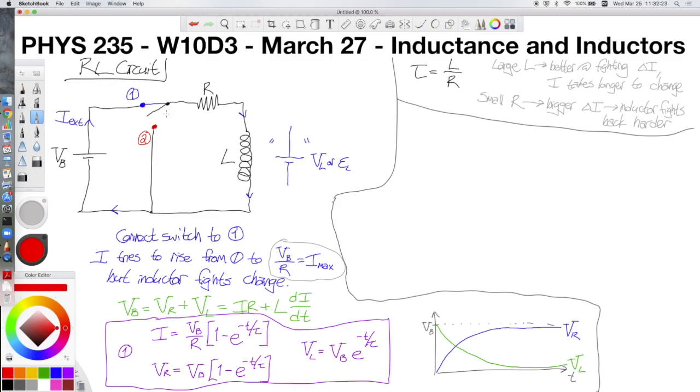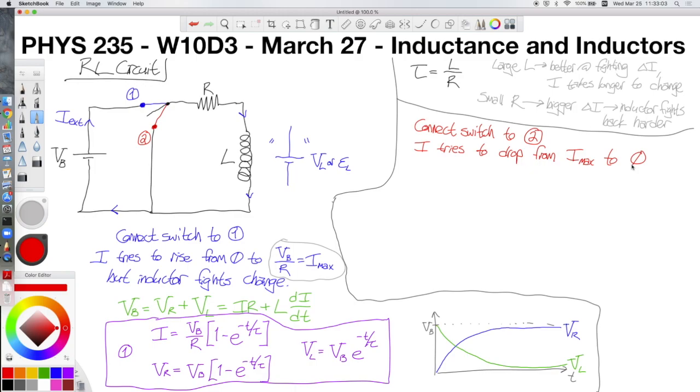Real quickly, I want to talk about what happens when we then connect our switch to 2. So now, current tries to drop from whatever its initial value is, say I max, to 0.